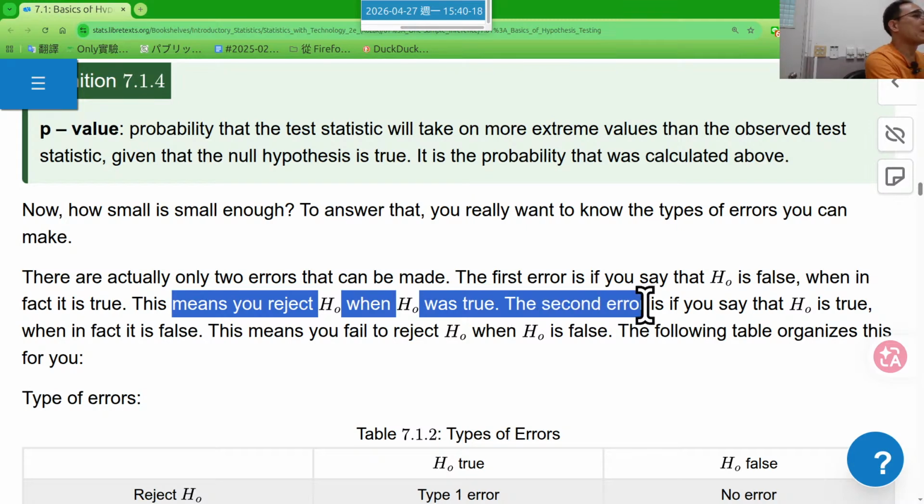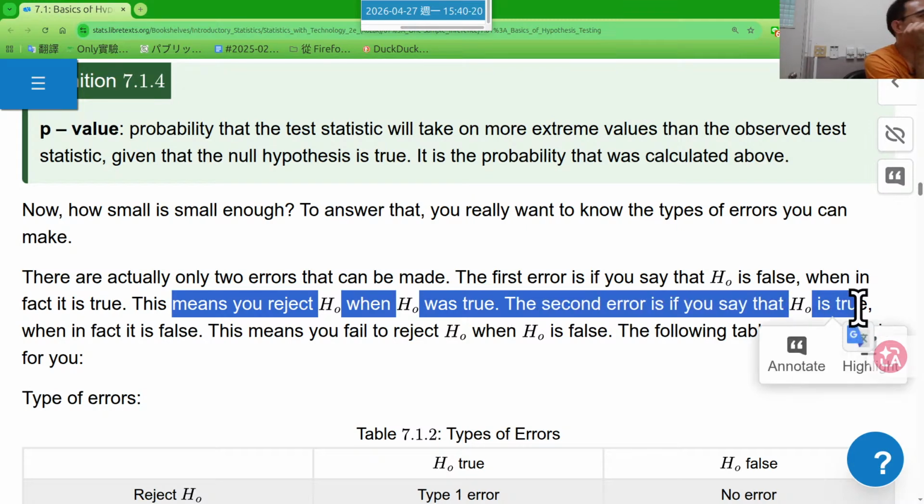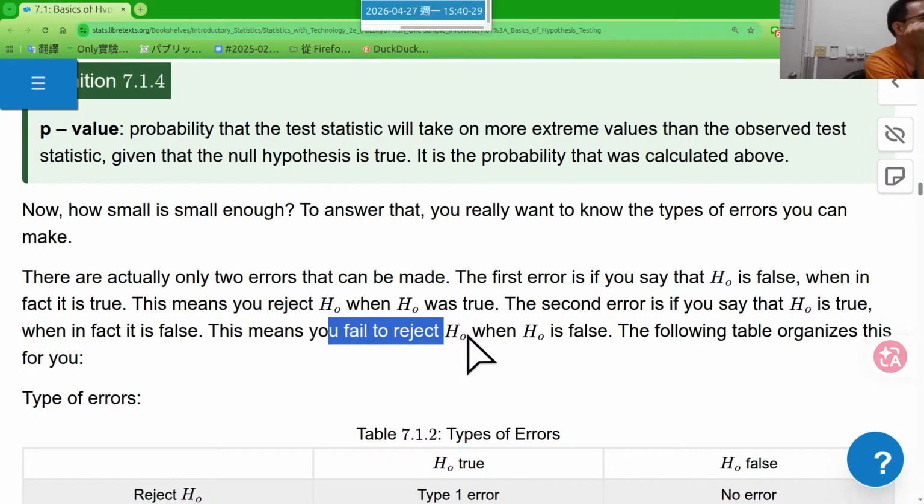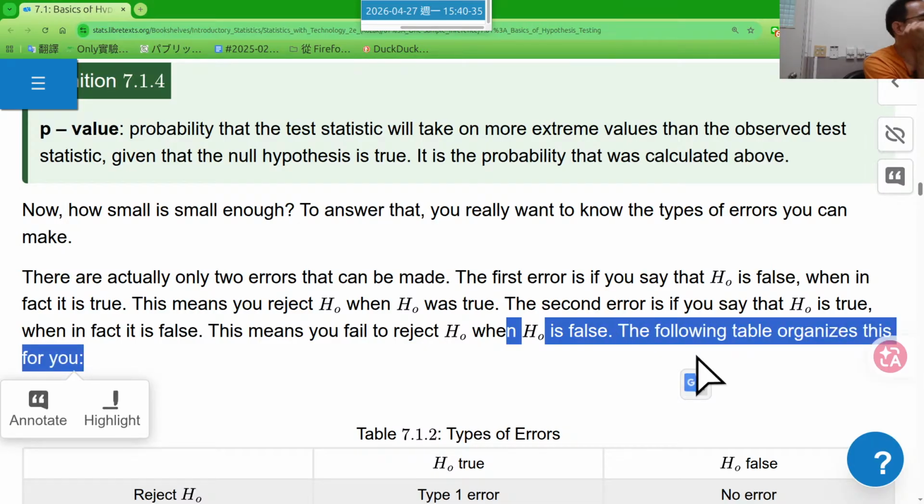The second error: you think the null hypothesis is true, but actually it is false. That means you should have rejected it, but you didn't.